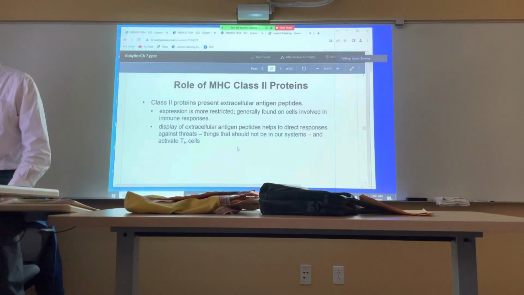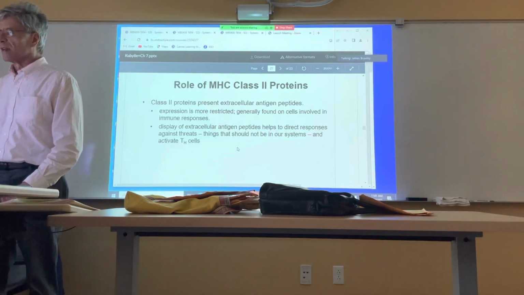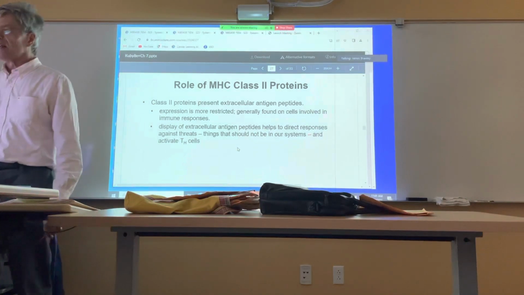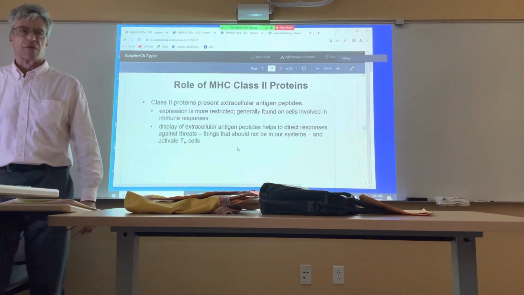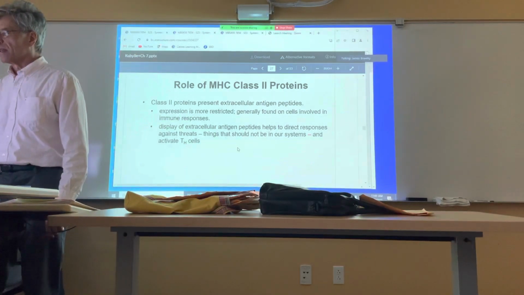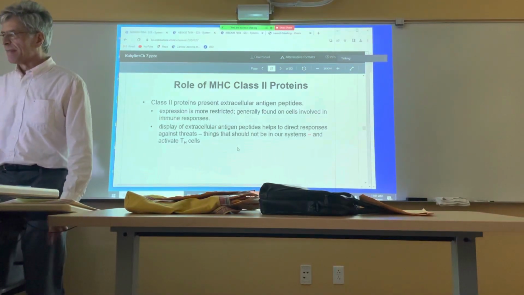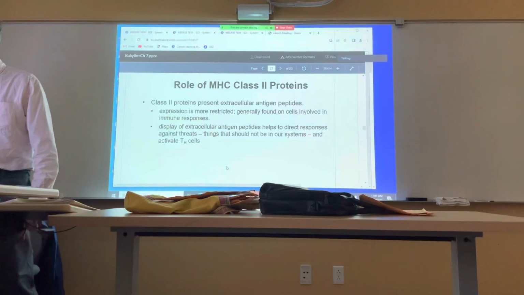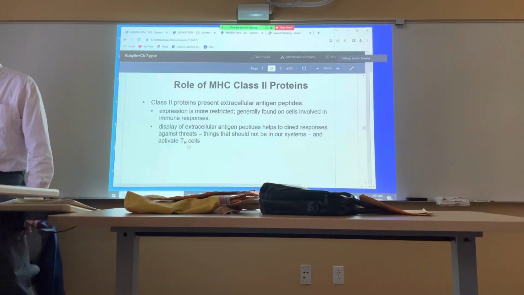And in general, MHC class 2, extracellular, so debris, a free protein perhaps. And these in general activate helper T cells, of course.